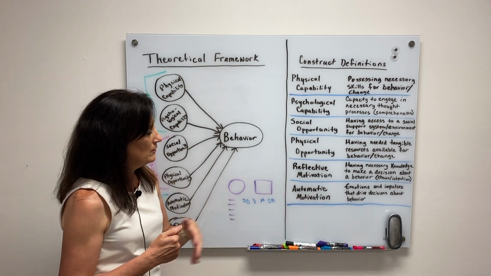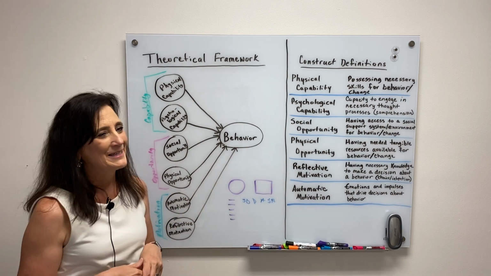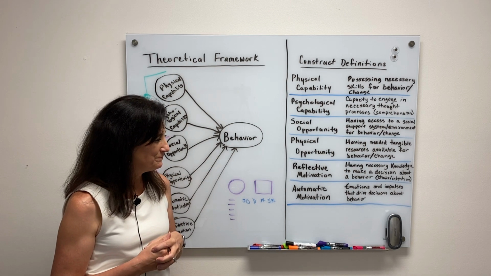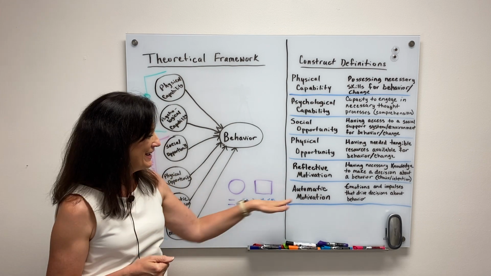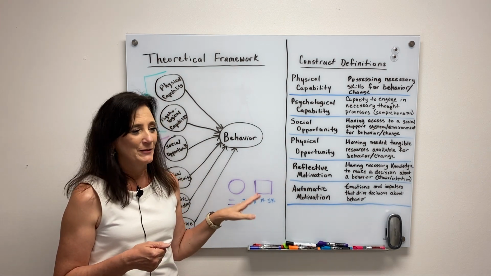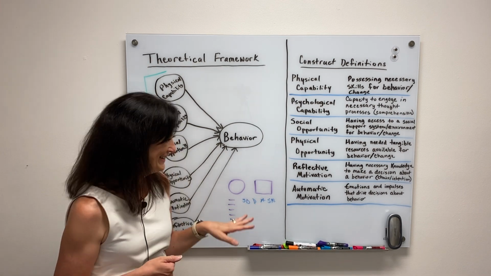And then automatic motivation. These are your impulses and emotions. And I always use this example with automatic motivation. If you ask me my automatic motivation as it relates to physical activity, I'm going to tell you that my impulse is to say, no, I just don't feel like doing that.